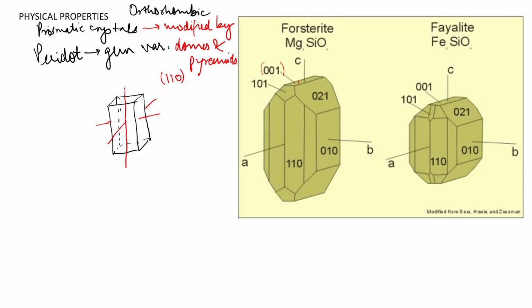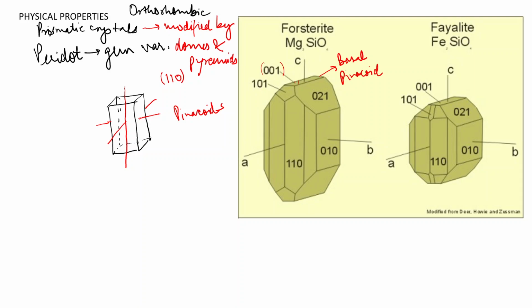Remember, a prism is always an open form, and normal prisms are closed by pinacoid faces, the basal pinacoid. So this particular face is the basal pinacoid, because it intersects the c-axis and runs parallel to a and b.